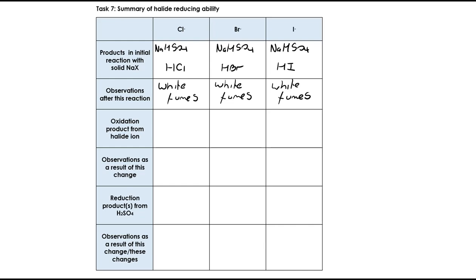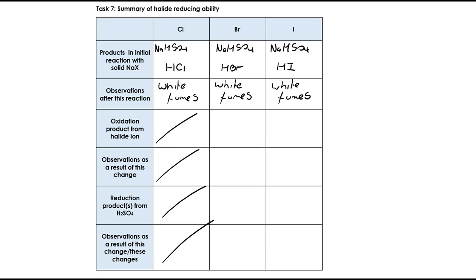At this point, the table becomes a little bit more manageable because we know the chloride ion reaction has stopped. Nothing further happens because it's the weakest reducing agent of the three that we investigate. But actually, we can then think about what happens with the bromide ions.